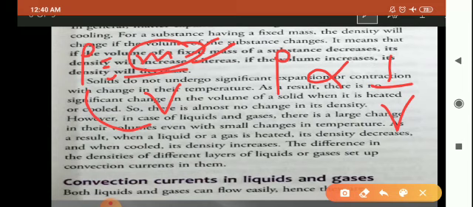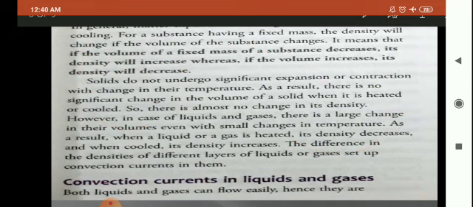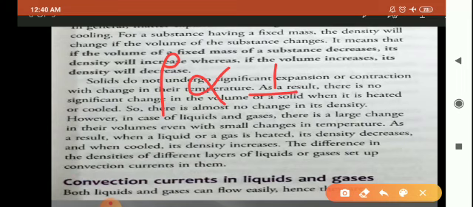If your volume is decreasing, volume कम हो रहा है, तो डेंसिटी क्या होगा, ऑपोजिट होगा, डेंसिटी बढ़ेगा, इंक्रीज करेगा. Same way, if volume is increasing, तो यहां पर क्या होगा, density will decrease.